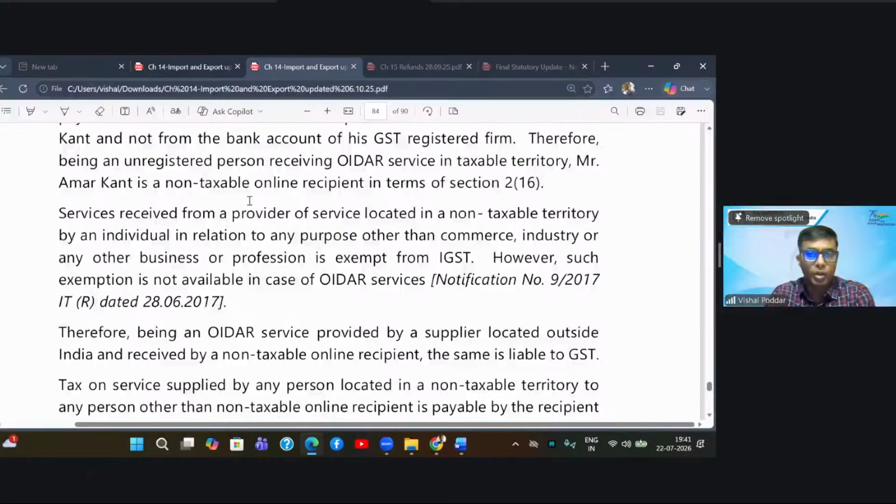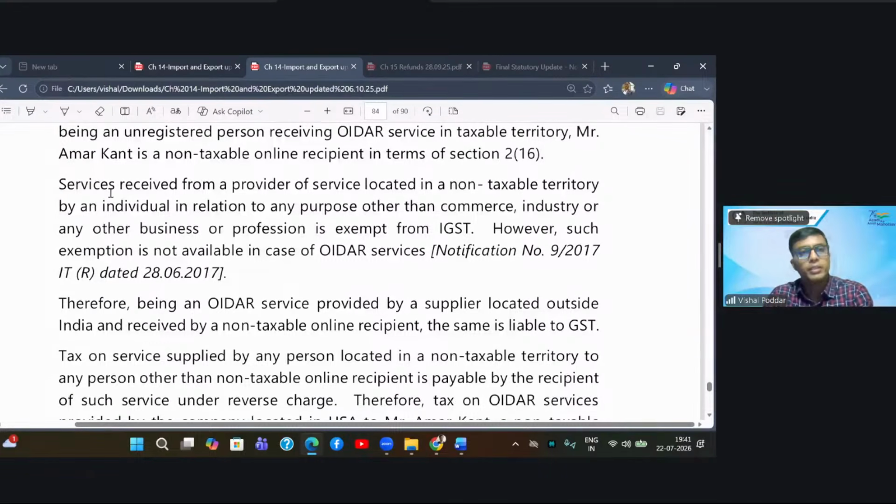That is NTOR specifically. And then services received from a provider of services who is outside India by an individual for purposes other than commerce, industry, business is exempt from IGST. Interestingly, however, such exemption is not available in case of OIDR service.